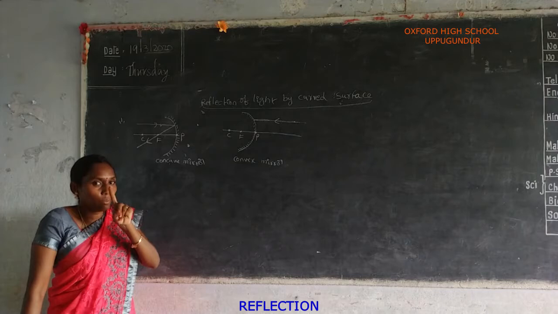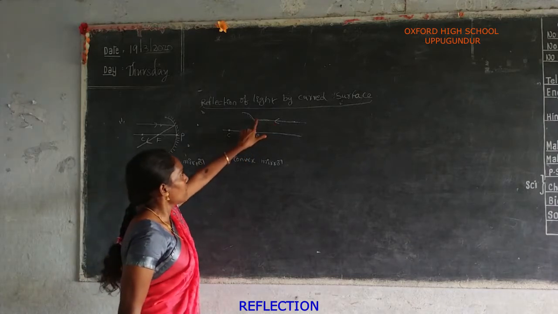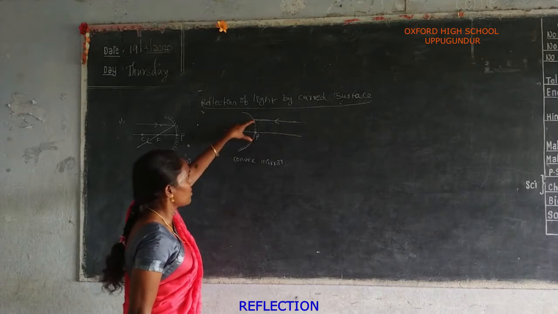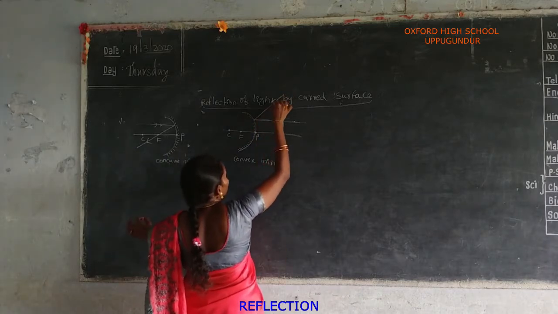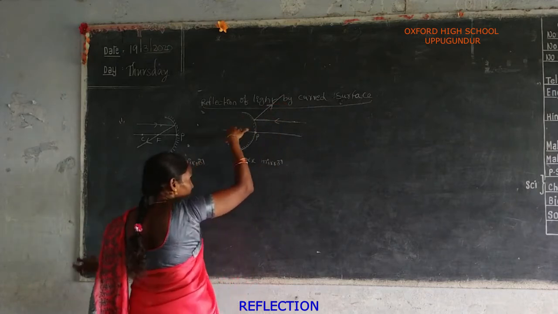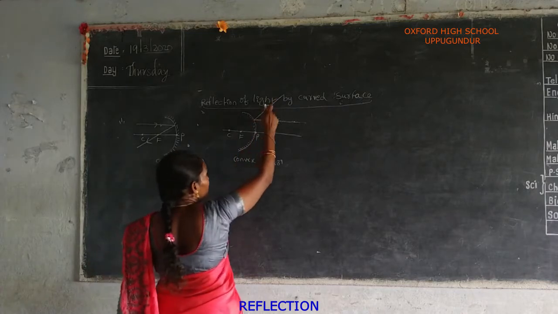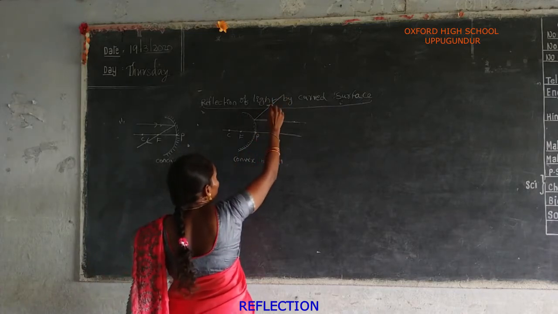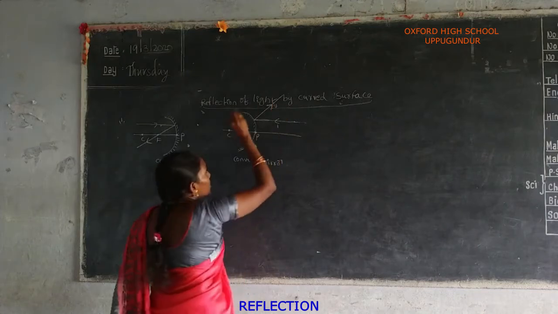See here the light is incident on the convex surface and is reflected back from the surface. The light ray does not enter into the mirror. It is reflected outside, reflection from the surface. This is the incident ray and this is the reflected ray.